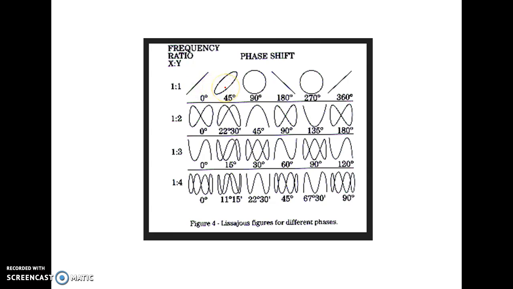An ellipse is achieved when the amplitudes of the two signals are not equal. Okay, and a parabola like this is achieved when the two signals are having a frequency ratio of 2:1 or 1:2 and the phase difference is 90 degrees.